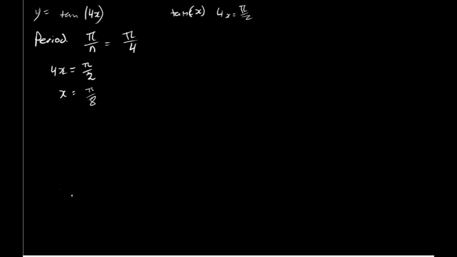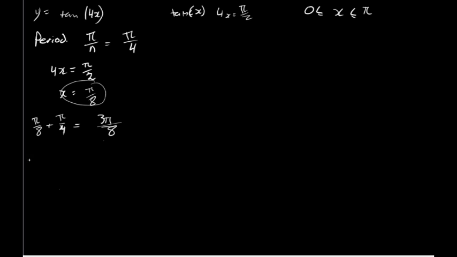The other asymptotes will occur when we do a full rotation or full cycle. So there's the first one. We will have pi on 8 plus pi on 4, which will give us 3 pi on 8, and we can still keep going. Sorry, I should have said we're looking for values between 0 and pi.